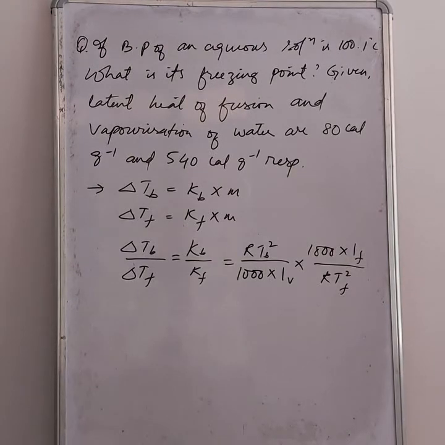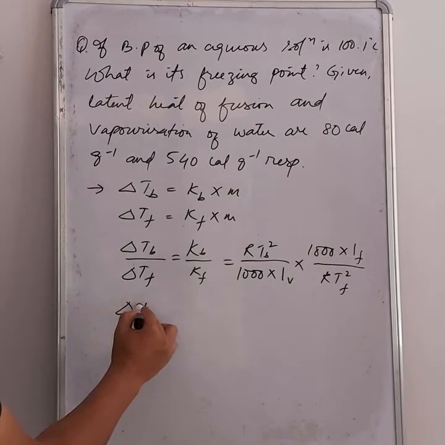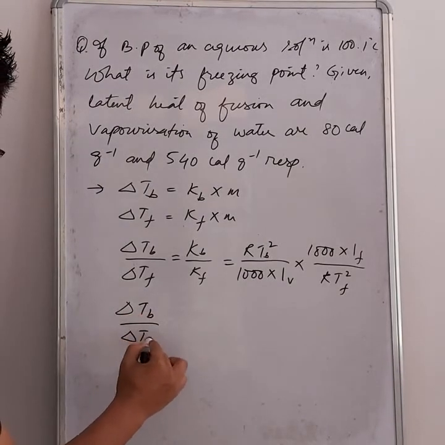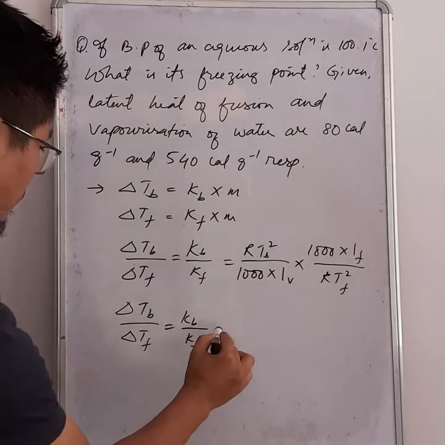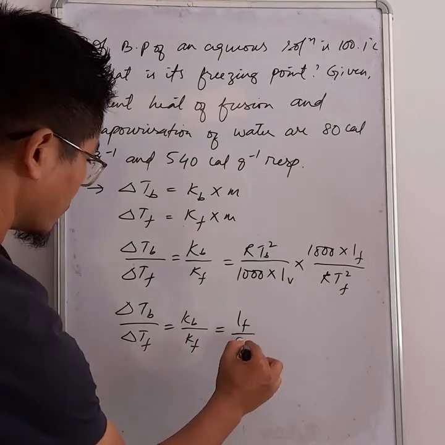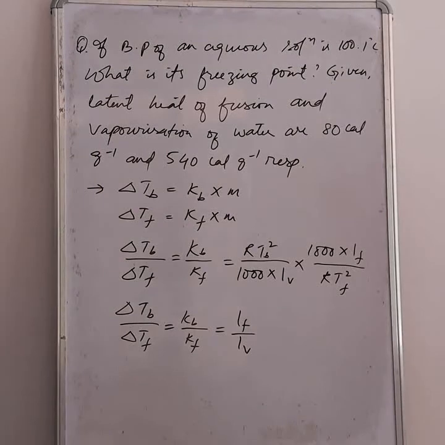Since these are similar, we can cancel them out, and we'll be left with delta Tb by delta Tf is Kb by Kf is equal to the latent heat of vaporization by latent heat of fusion.